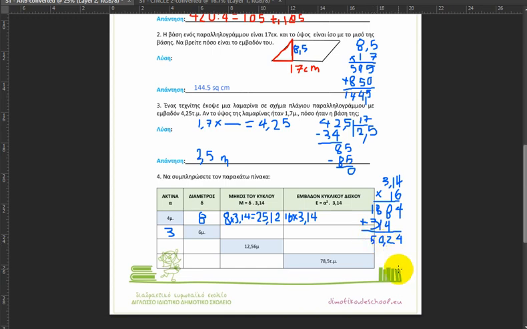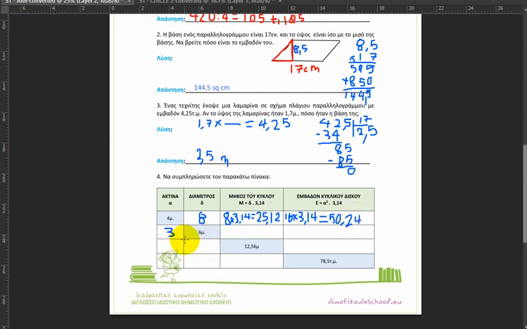So my result here is going to be 50.24. So this is going to be equal to 50.24.